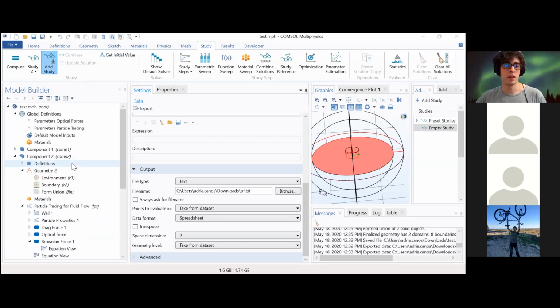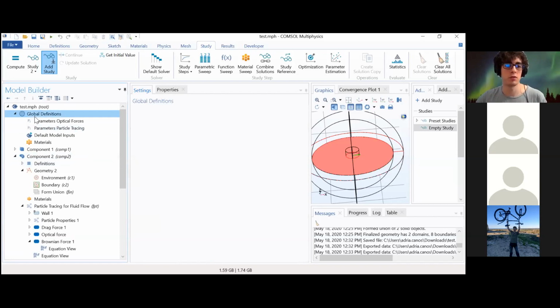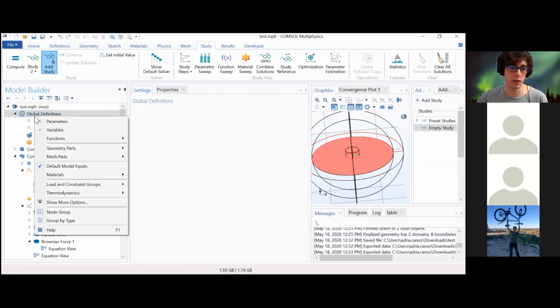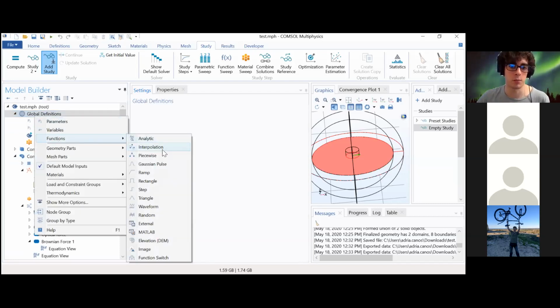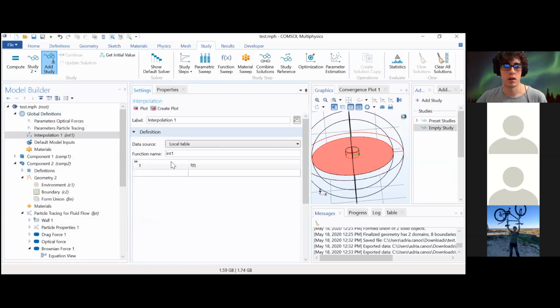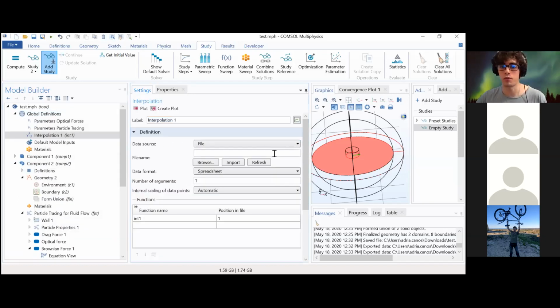Now we will actually do something a little counterintuitive. We will put it in the same model again, but as an interpolation. And here we will just use export from file and add it from here, fx and fy. We say that we only have two arguments, x and y.